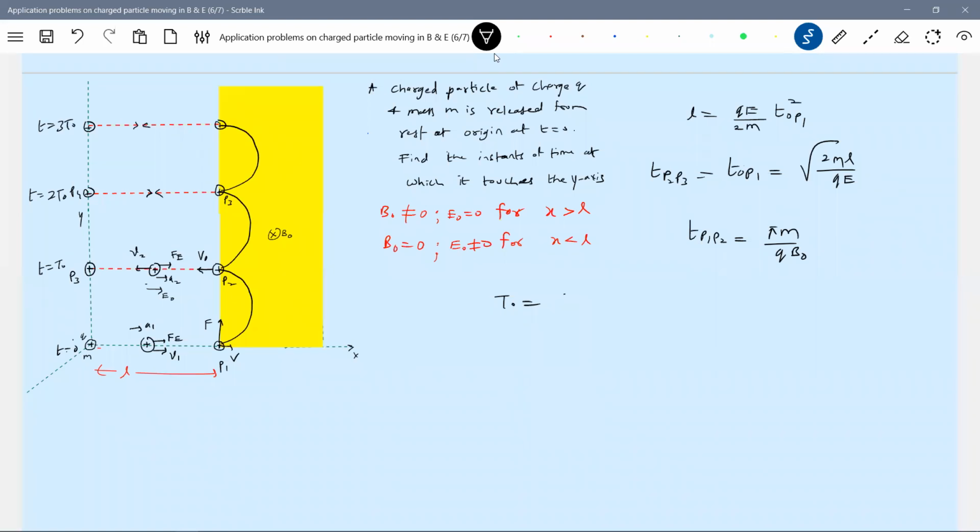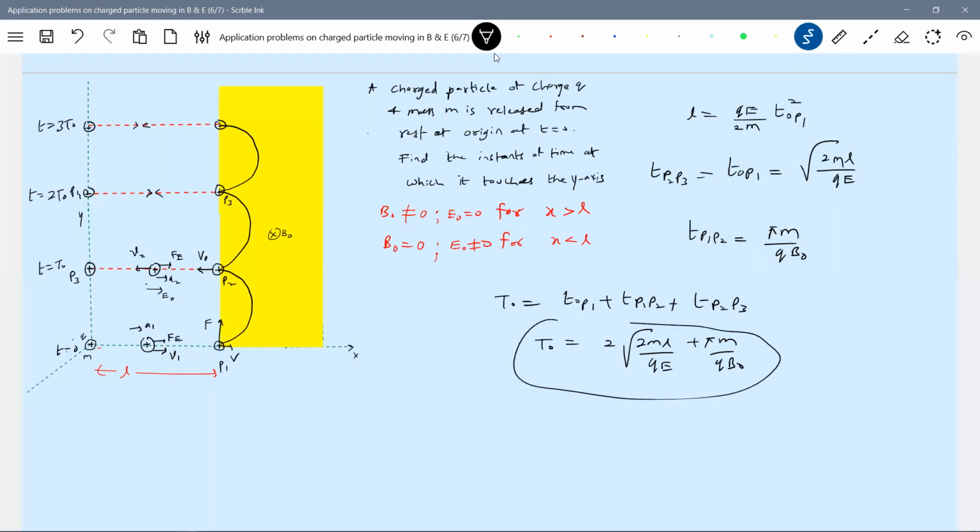One T naught should be equal to T O P1 plus T P1 P2 plus T P2 P3. T O P1 is equal to T P2 P3. So these are the instants of time: T naught, 2 T naught, 3 T naught.